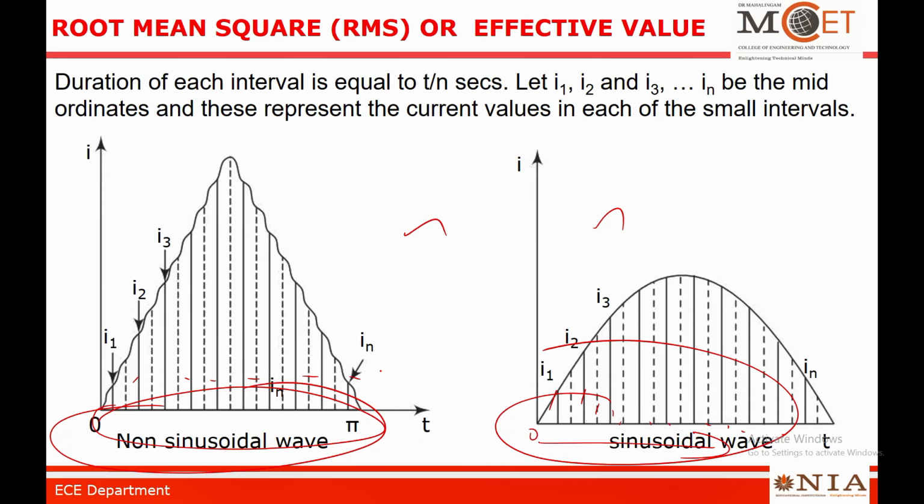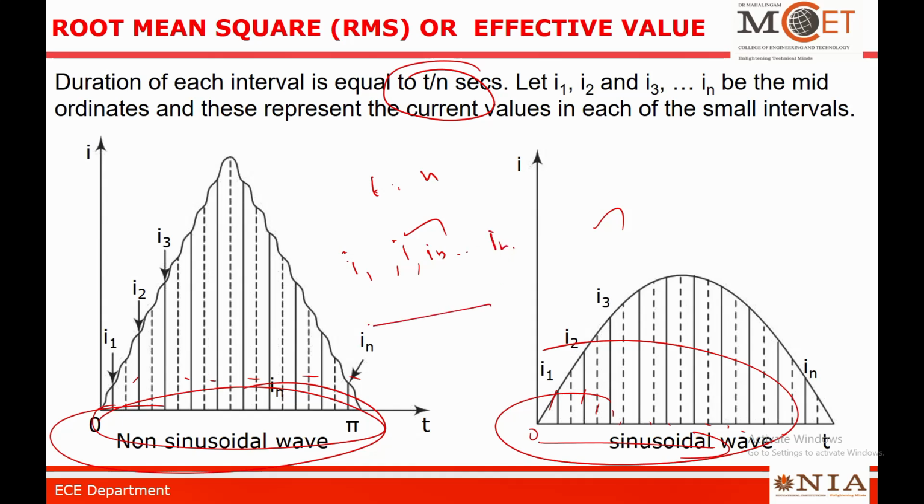The duration of each interval will be equal to T divided by n. Here T is the time and n is the number of subdivisions. Now for each of the n intervals, the currents are denoted I1, I2, I3 till In.